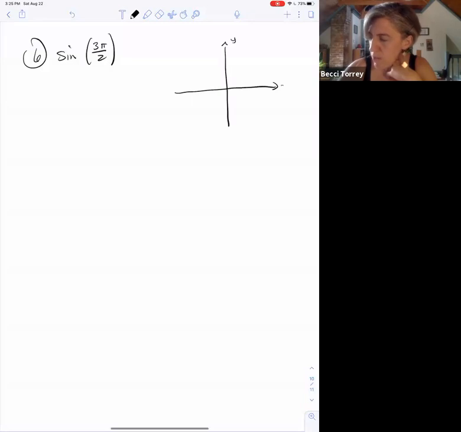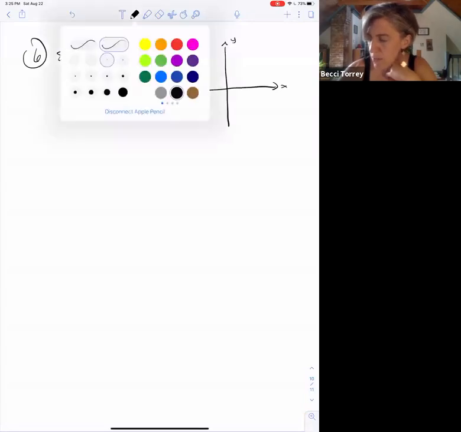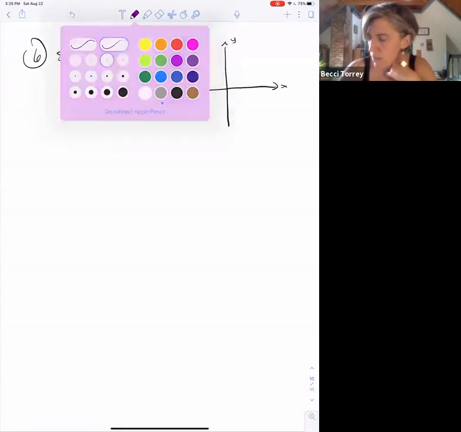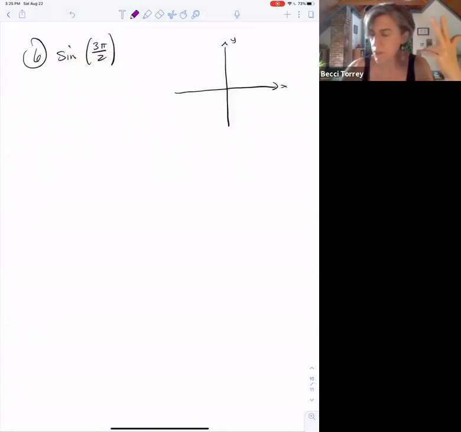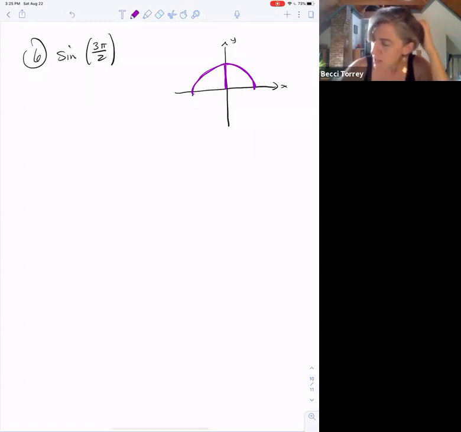If you want, you can think about it sort of like we did with the pi over 3 and pi over 4 and pi over 6 families. So pi over 2 is you take pi and you divide it in half, so pi over 2 lands up here. Then pi goes here, and then 3 pi over 2 gets you over to here, right? And 4 pi over 2 would get you back to the full circle.